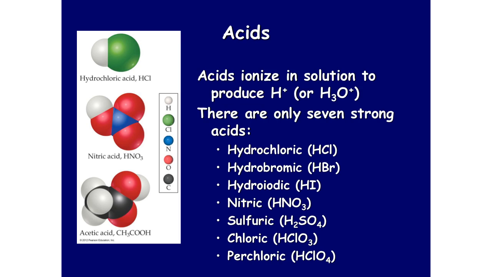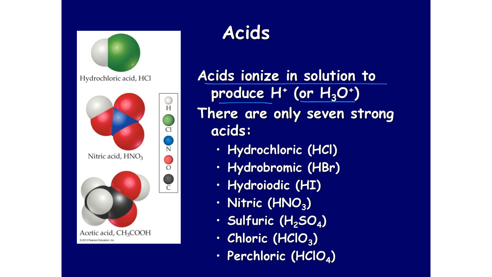So some things that we need to know about acids: acids will ionize to produce the hydrogen ion in solution. So it's got to be something connected to a polyatomic ion or a polar enough molecule that the hydrogen ion dissociates, or the hydronium ion.